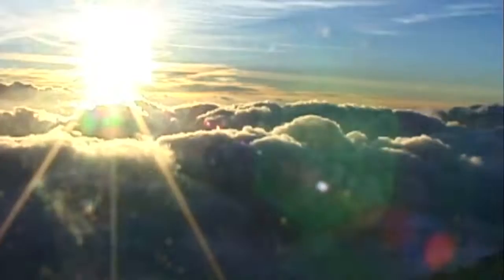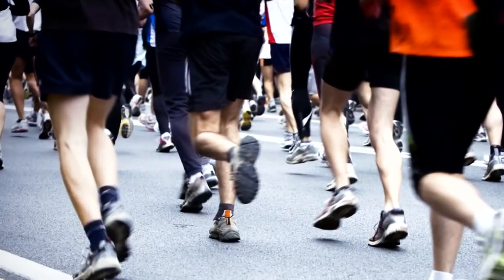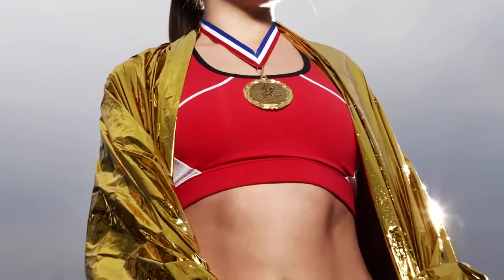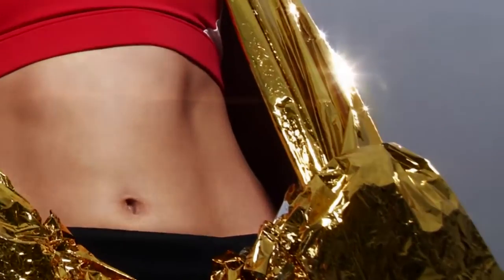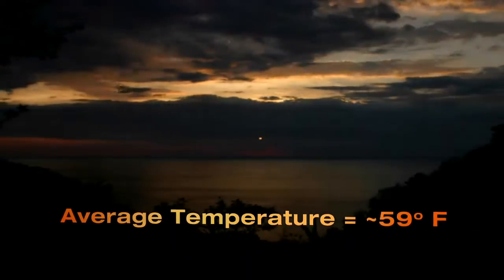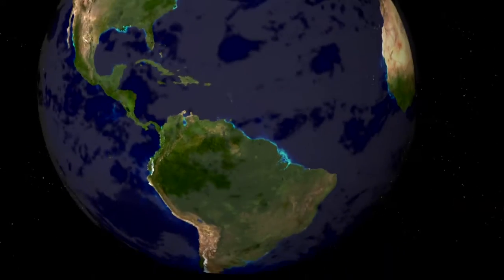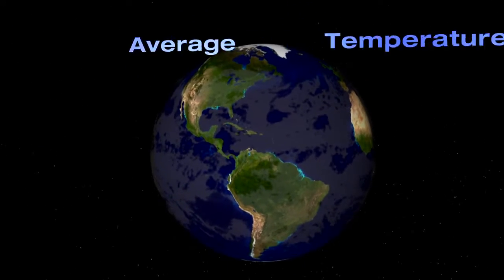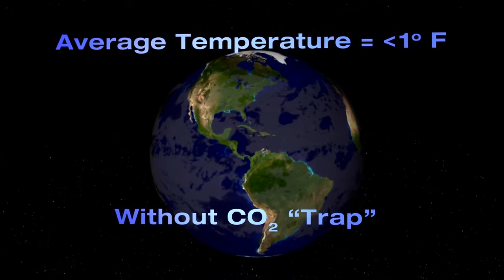And in the air, buildup of CO2 and other so-called greenhouse gases in the atmosphere acts like a marathoner's thin post-race blanket, holding essential body heat close to Earth's skin, keeping the average surface temperature at about 59 degrees. Without this trap, the warmth from the sun would escape back into space, and average temperature on Earth would be just below 1 degree Fahrenheit.